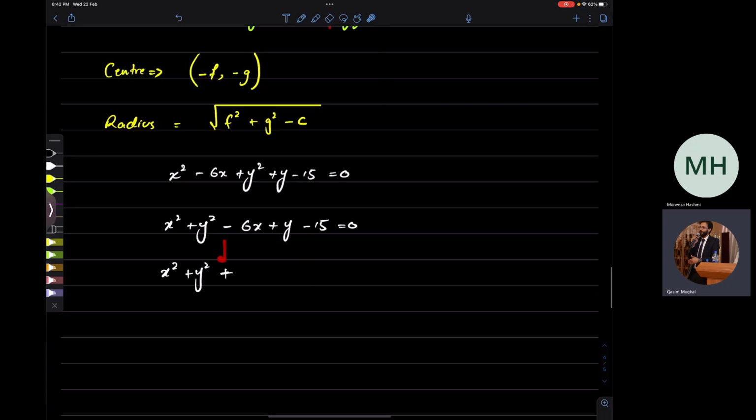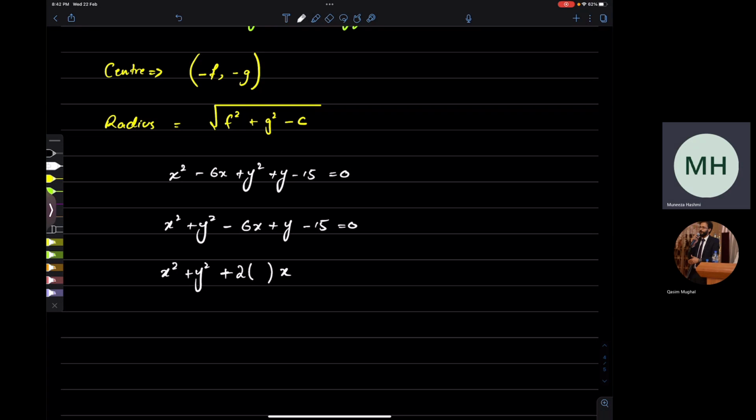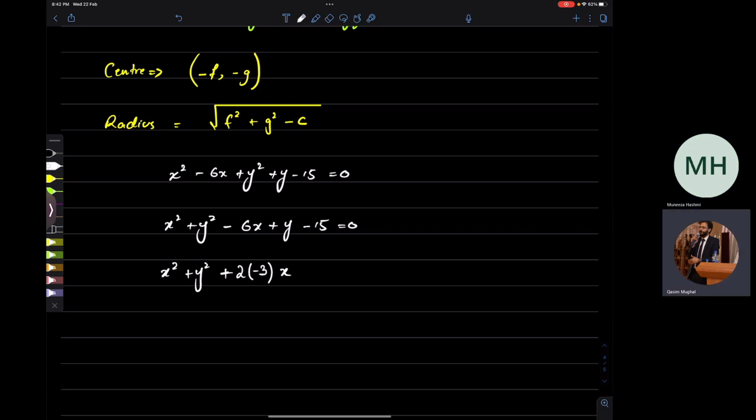So I'll be changing the sign to plus 2 here, plus, and then 2 times what is going to be negative 6. 2 times negative 3. Yeah, so I'm going to put negative 3 in here.